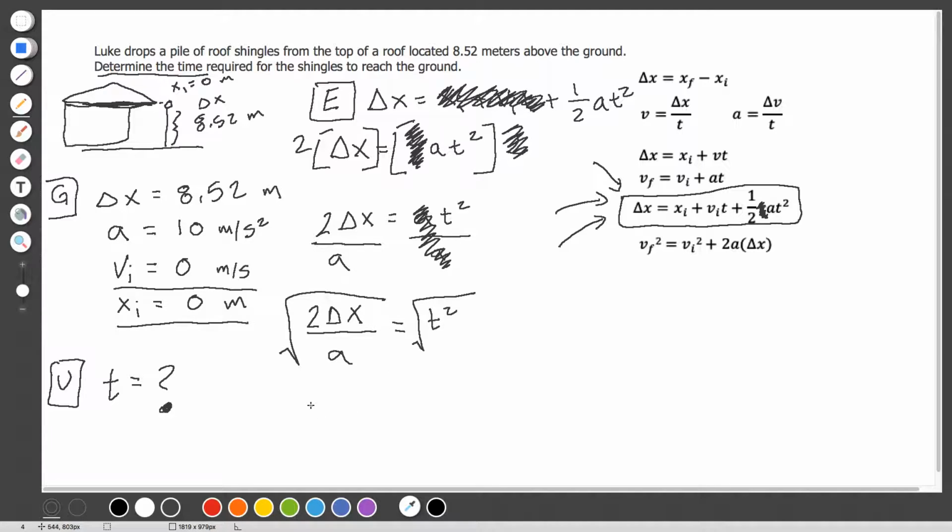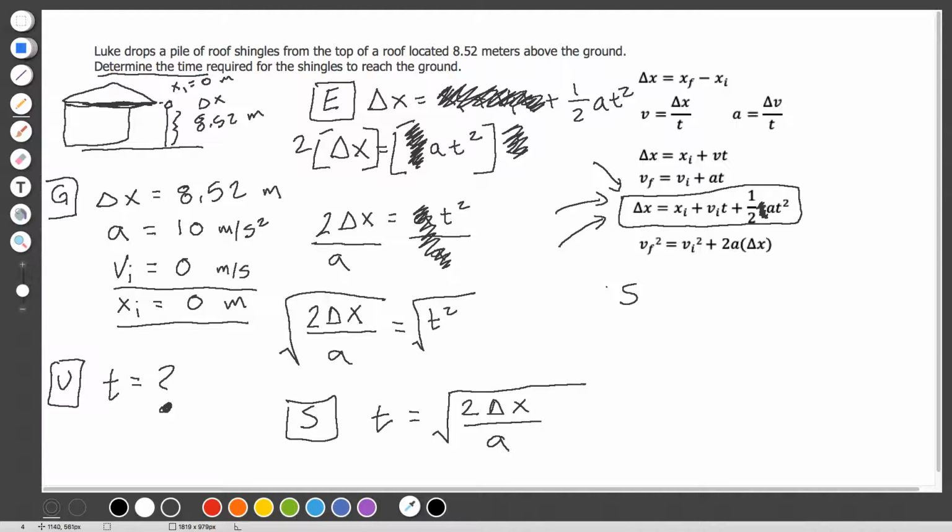So our final equation is t equals the square root of 2 times delta x divided by a.